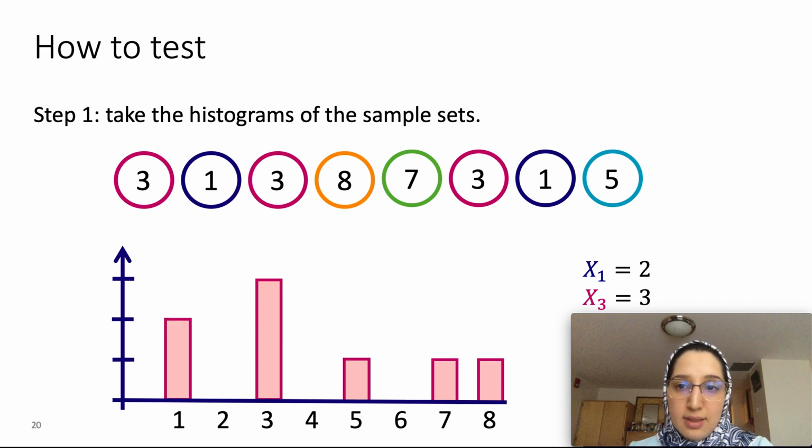Suppose that the numbers in the circles are your samples from the distribution, and we draw the histogram based on the frequencies of the samples, and the flattening-based tester essentially captures the difference between the two histograms we receive from P and Q. Just to clarify the notation, I will use x sub i to denote the frequency of element i. So here, element 1 is repeated twice, so x sub 1 is equal to 2.